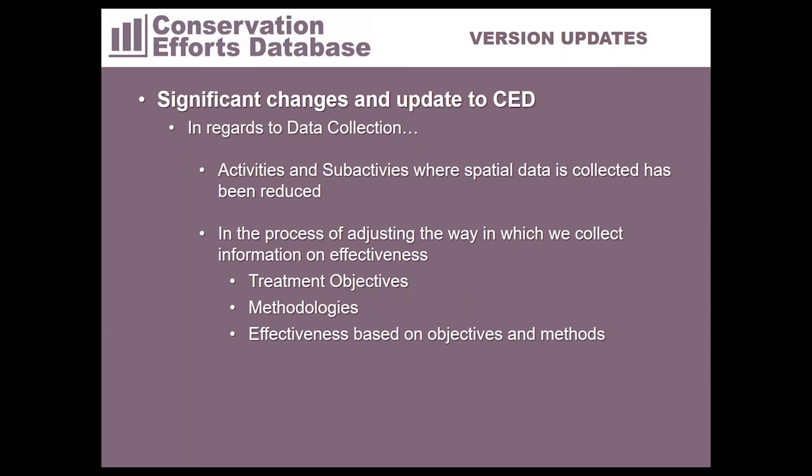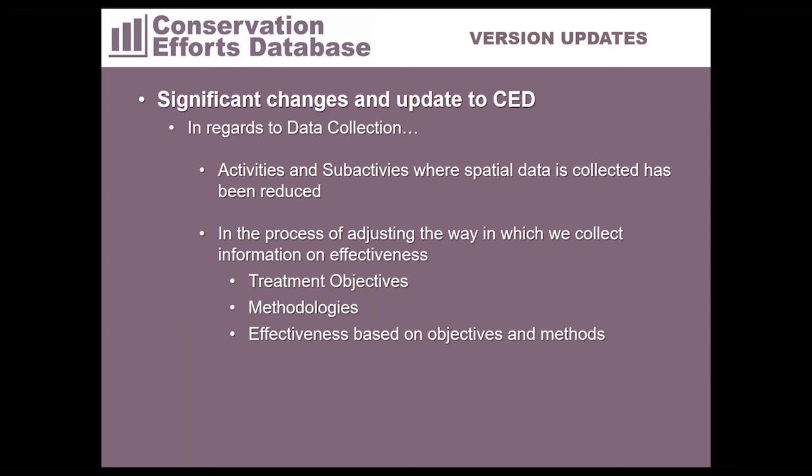It's not to say that those actions aren't useful or don't provide conservation benefit. It's just that we in the CED don't have a way to easily quantify what that benefit is. So we're only asking for spatially explicit information on a subset of the sub-activities, those which I highlighted earlier in this talk.